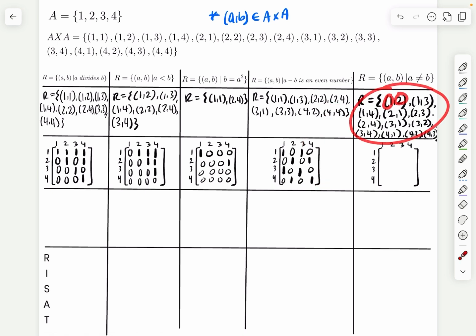For this one, we have 1 is related to 2, so a 1's going to go here. Then 1 is related to 3, so a 1's going to go there. Then 1 is related to 4, so a 1's going to go here.